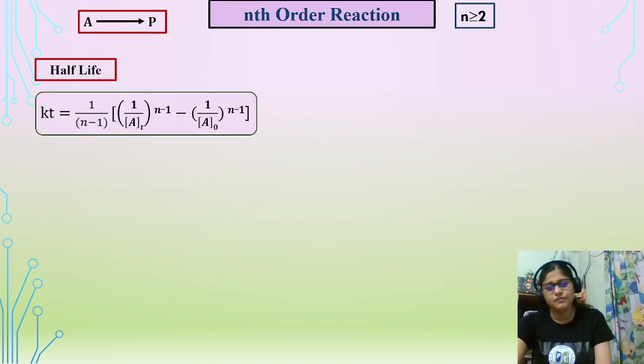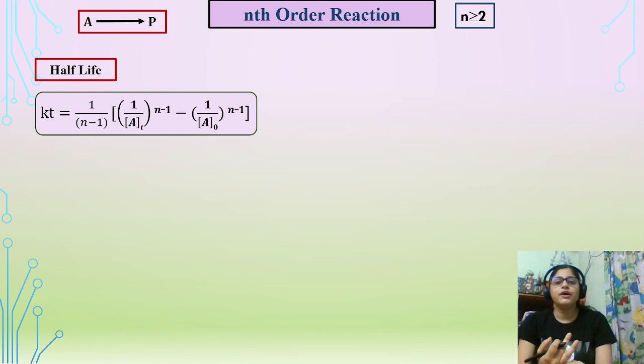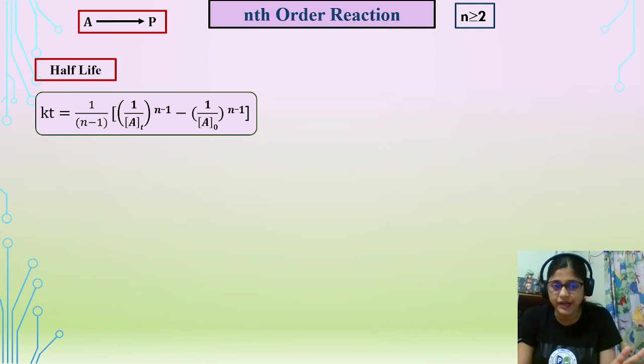Next, the half-life. We know we have calculated half-life for zero order, first order, second order, right? But if you are asked that for a fifth order reaction the half-life is this, anything like this can be asked, right? But we know only up to second order, the half-life is known, right?